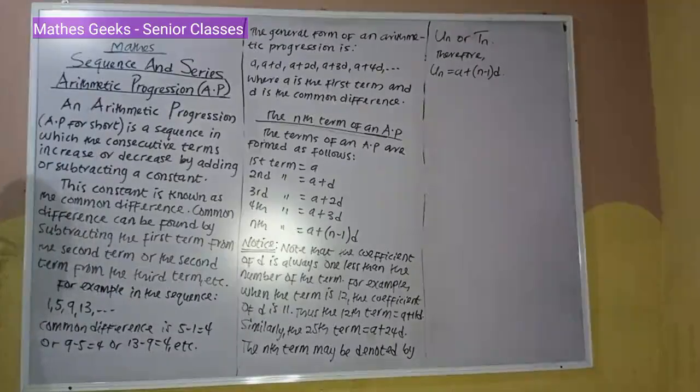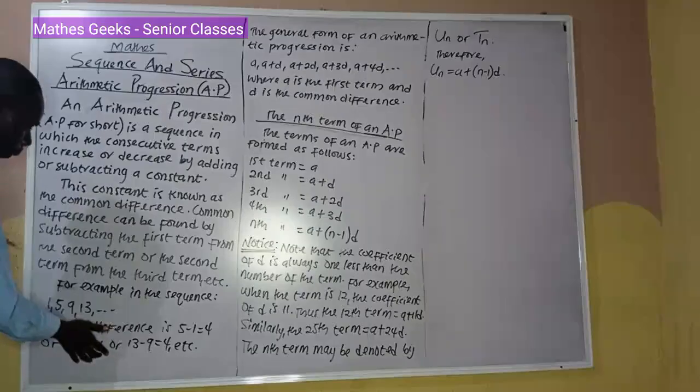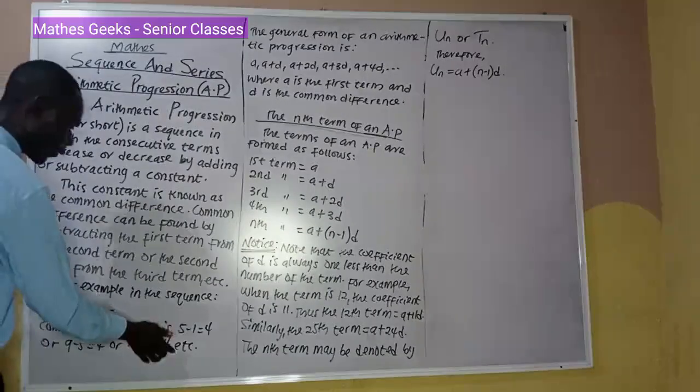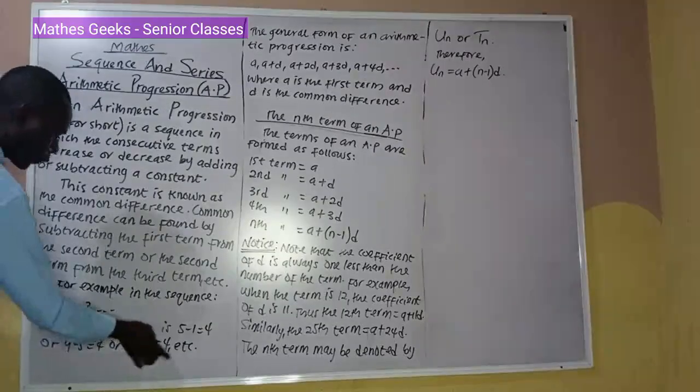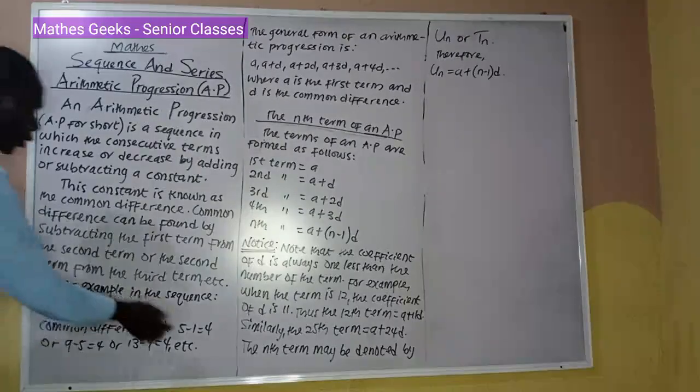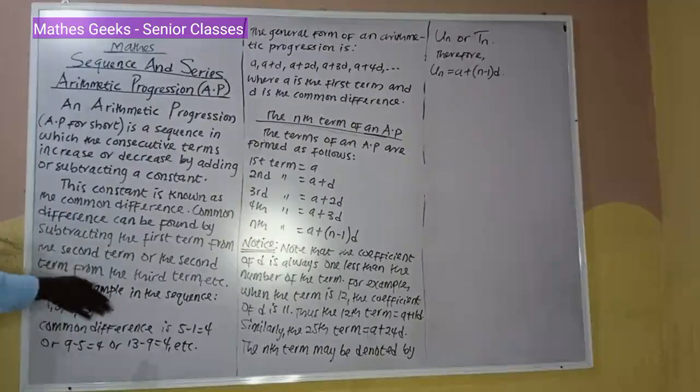When you carry out the difference between the second and the third term, the difference is 4. When you carry out the difference between the third and the fourth term, the difference is 4. You can see that 4, 4, 4 is common between each difference that was calculated. So we call it the common difference, and this is only possible in arithmetic progression.